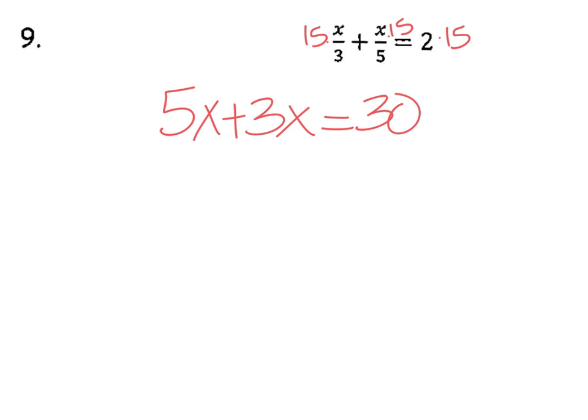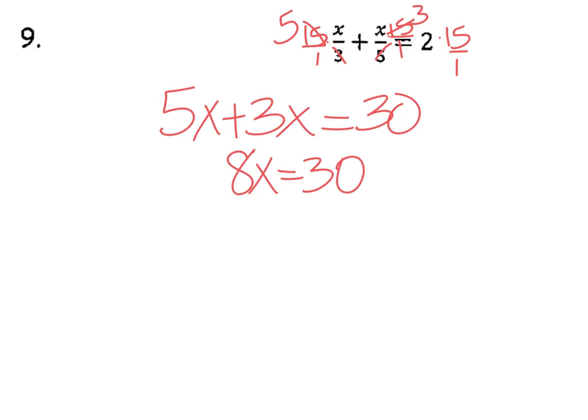I mean, not done. How do you like what I put on the board? Is that what you have on your paper? Yes. Okay. It's 15 over 1, not 15 over x. Over 1. 3 goes into 15, 5. 5 goes into 15, 3. 5 times x plus 3 times x equals 2 times 15.